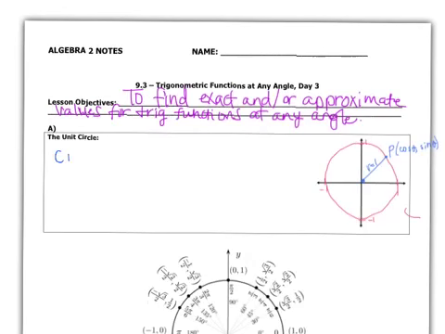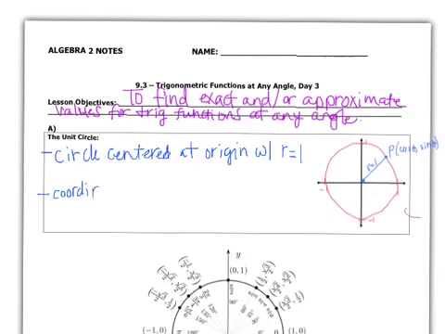So our unit circle is a circle centered at the origin with a radius of 1. The coordinates of point P, and guys, realize that point P could be anywhere along that circle, are cosine of that angle and sine of that angle.